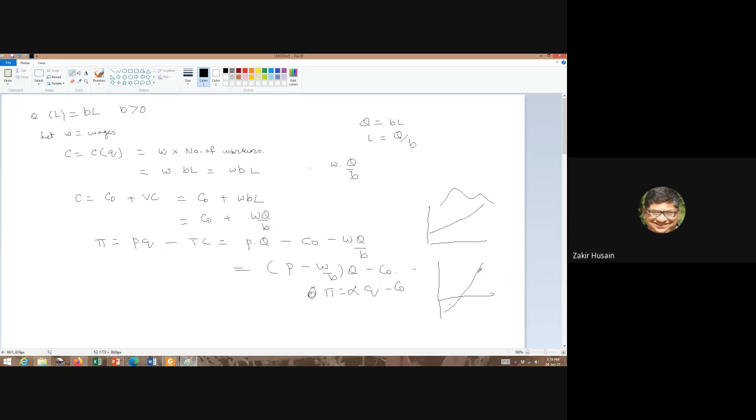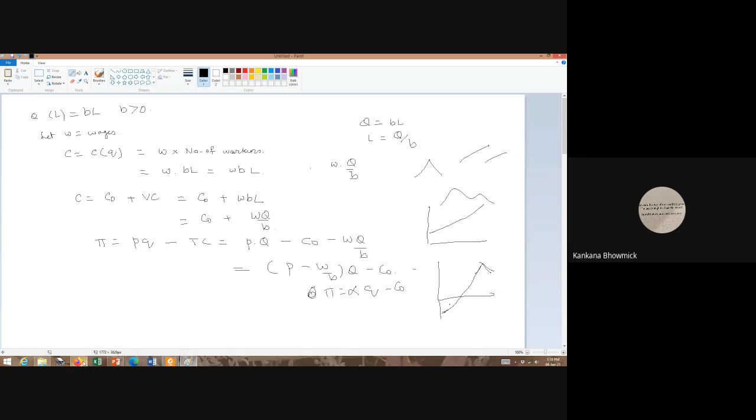If alpha is positive, it's going to rise like this. Continue. When you can see from the shape that there's no break or kink like this. By kink, I mean this, or no break like this. That is why it is continuous. You don't have to go into the proofs.